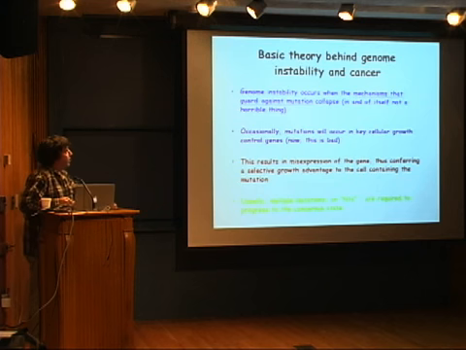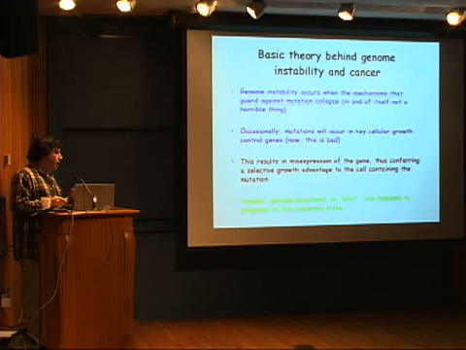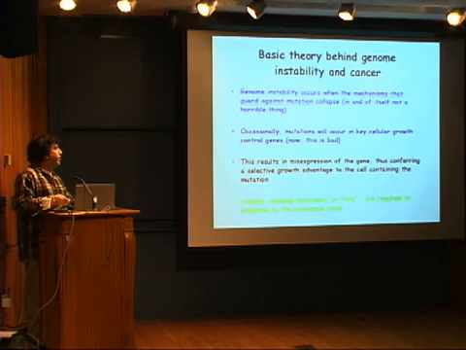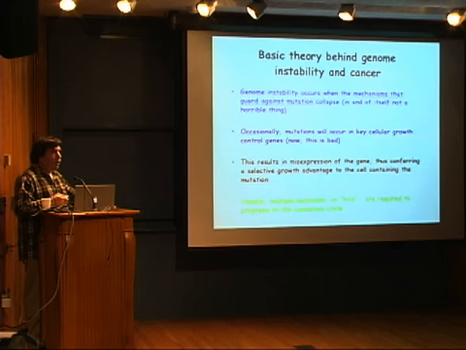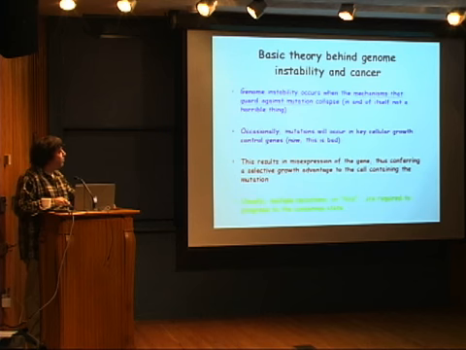How this relates to cancer is summarized in this slide, which goes over the basic theory behind the requirement for genome instability and the eventual onset of cancer. The theory says that genome instability occurs when the mechanisms that guard against mutation, and there are a number of different types of mechanisms, which we'll talk about in a moment, collapse or fail.